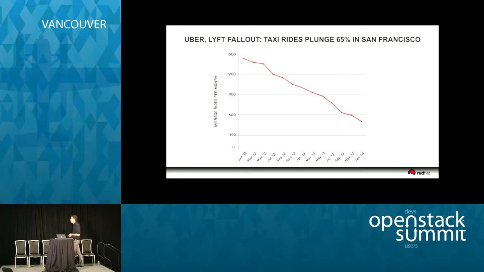In 2012, a taxi driver averaged just over 1,400 rides per month. This has since plummeted by 65% to just over 500 rides per month as of last summer, and I'm sure it's gotten worse. So these innovative startups are leveraging software and mobile applications to transform that experience.